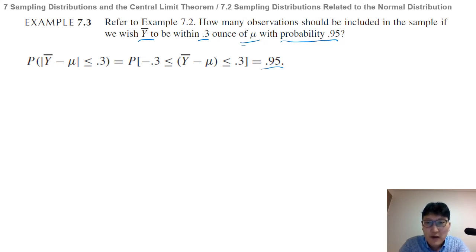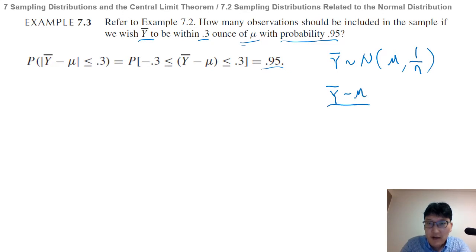And what is the related probability distribution? We know that y bar follows a normal distribution with mean mu and variance sigma square over n, so 1 over n. From here, y bar minus mu divided by the square root of sigma square over n, which is 1 over n, follows a normal distribution with mean 0 and variance 1.